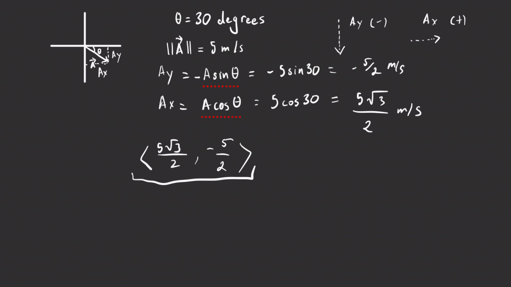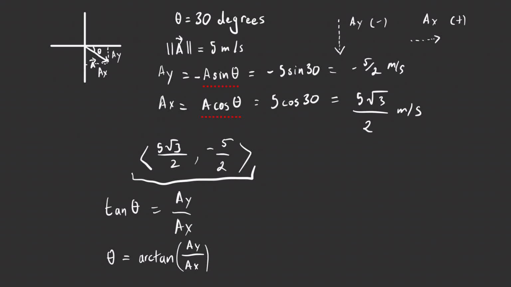So the way we would do that is using the tangent equation that I showed earlier, which looks like this. And then if we rearrange it for solving for theta, ay over ax.